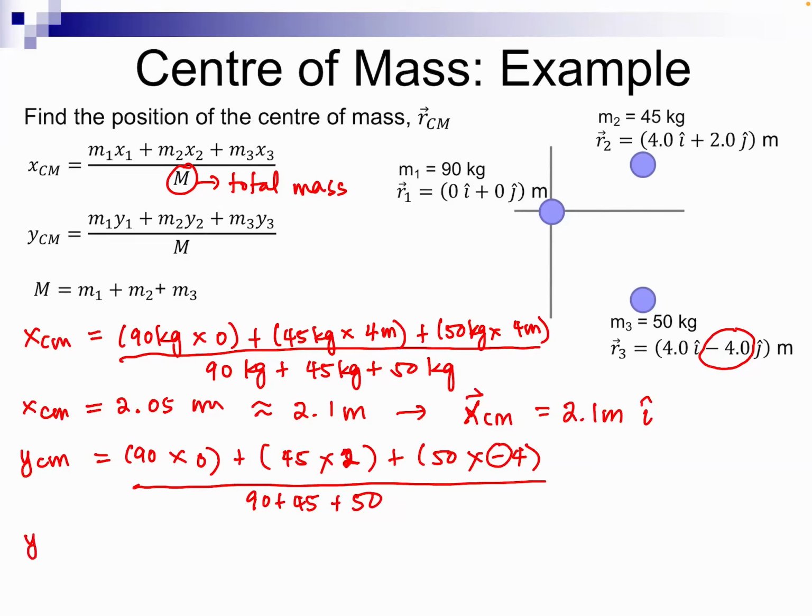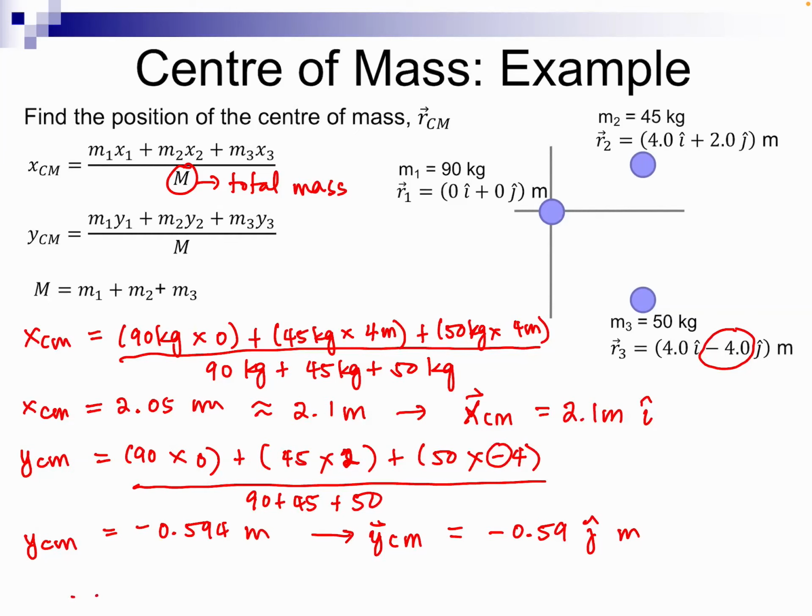Okay, giving you a center of mass position along y of -0.594 meters. In vector form, the y position of the center of mass will be -0.59 j hat meters for the unit. So we're talking about position. Right.